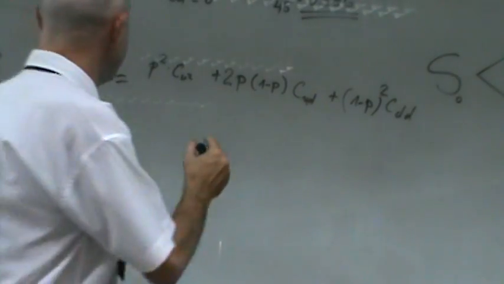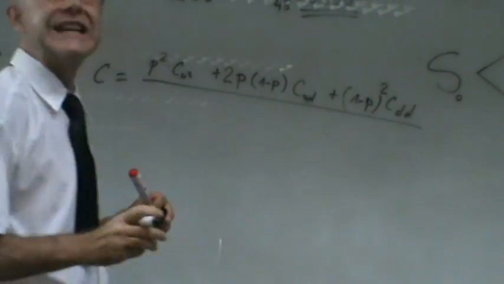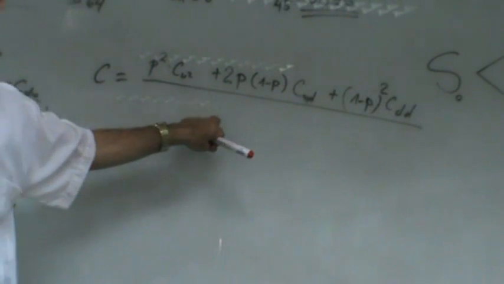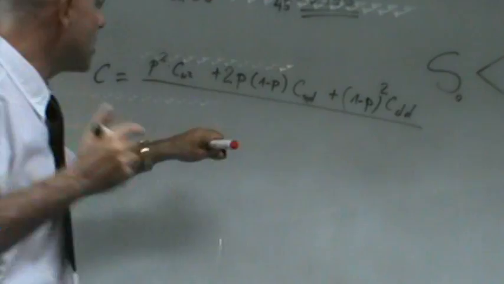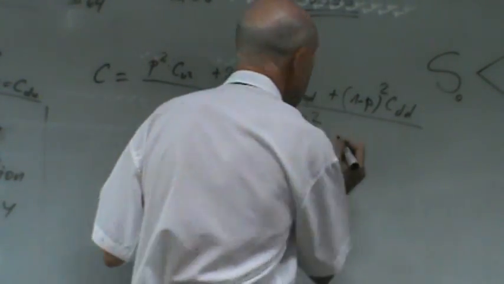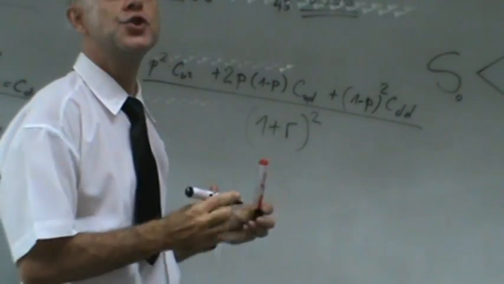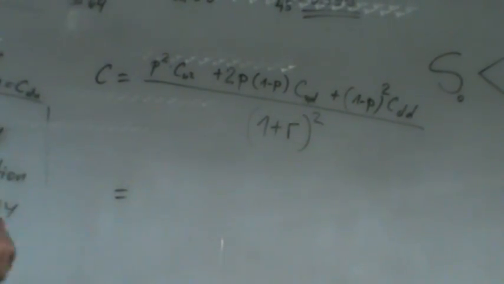Okay, and this all is discounted by (1 plus R) squared. Present value for 2 periods.